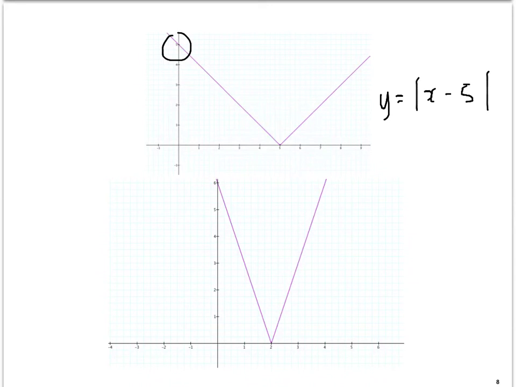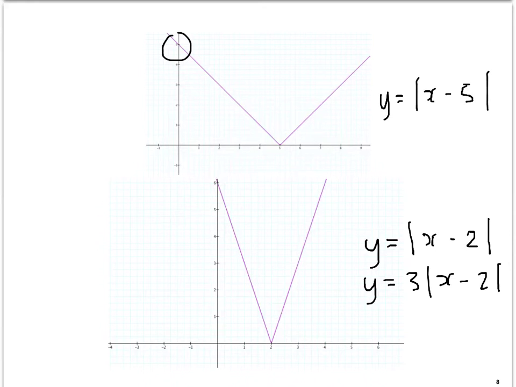This one here looks a bit steeper than usual. It's at 2, and we're going through 6 over there. Okay, so you could think of it like this. Modulus of x minus 2, but when you put x equals 0 in there, you get y equals 2, not 6. So there's a couple of ways of doing this. I could put a 3 at the front there.